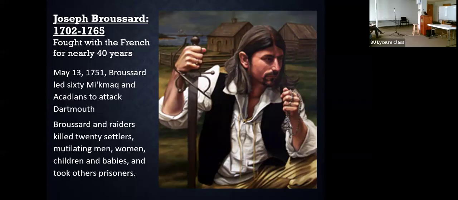He wasn't very old at the time, but he was 20. And he fought all the way up into the French and Indian War. So this guy was also a leader helping to raid, and particularly I brought this up because they attacked Dartmouth. We're near Dartmouth College right now, not in Hanover, but near it.